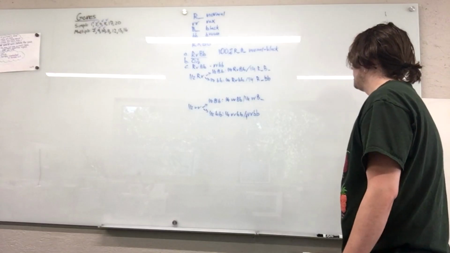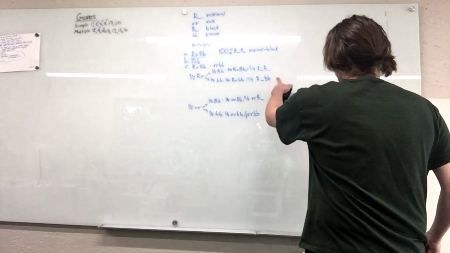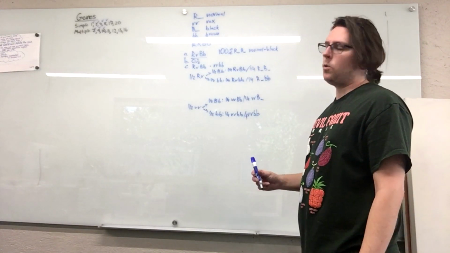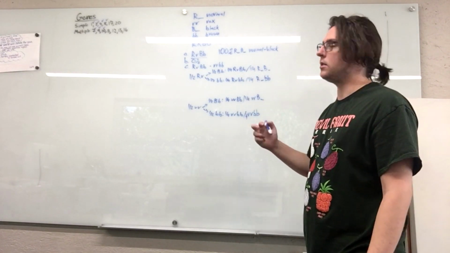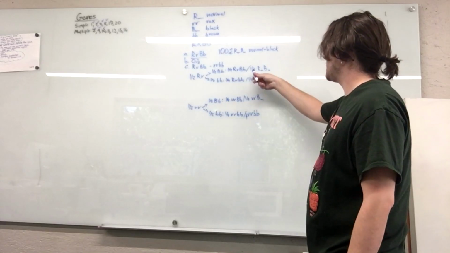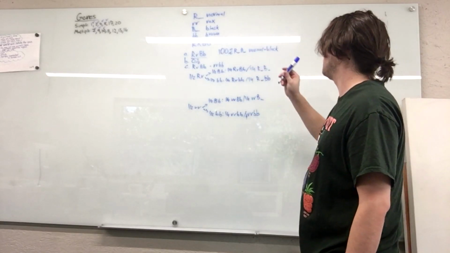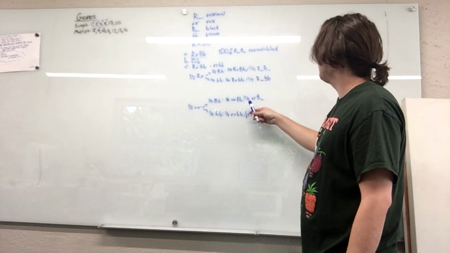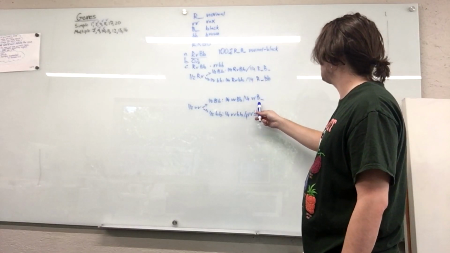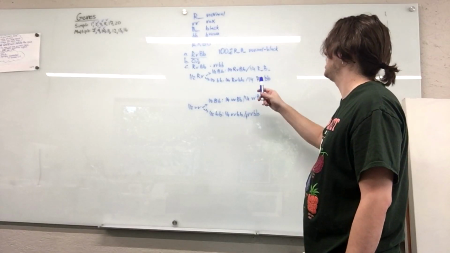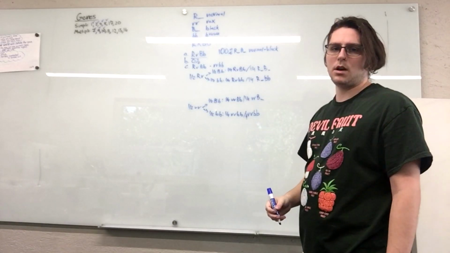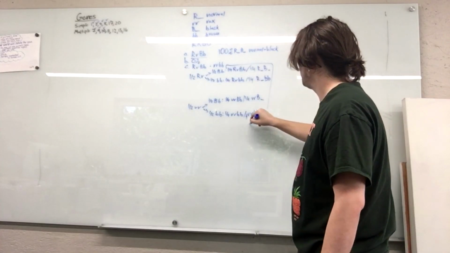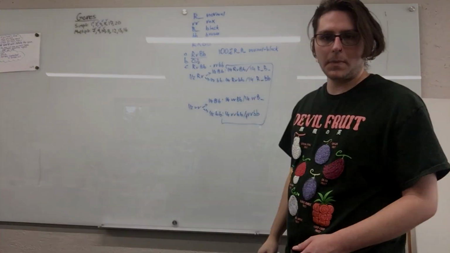You could have done this where you just do the dashes to indicate you're talking about phenotype, or you could have actually written out the traits: 1 over 4 being normal black, 1 over 4 normal brown, 1 over 4 Rex black, 1 over 4 Rex brown. You could have also done that. But that would be our answer for that.